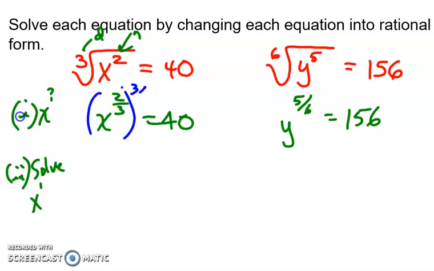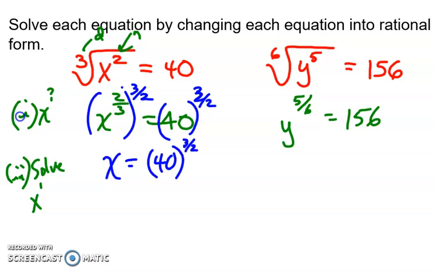To get an exponent of 1, we're going to multiply the 2/3 by 3/2. That's going to give me x to the 6/6 on the left side, which is 1. And it's going to be 40 to the 3/2. So x will be approximately 252.982.